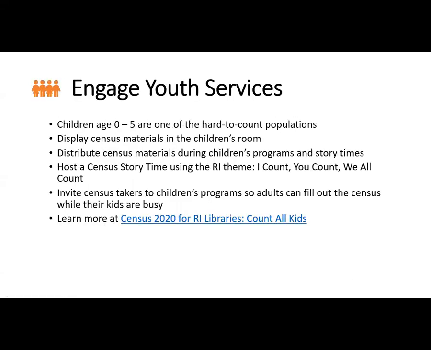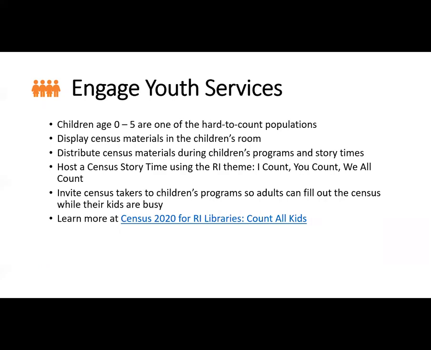And then another thing your library can do is to engage your youth services. So specifically, children ages 0 to 5 are one of the hard to count populations. This is exacerbated when those children are part of a second population that is also historically hard to count.